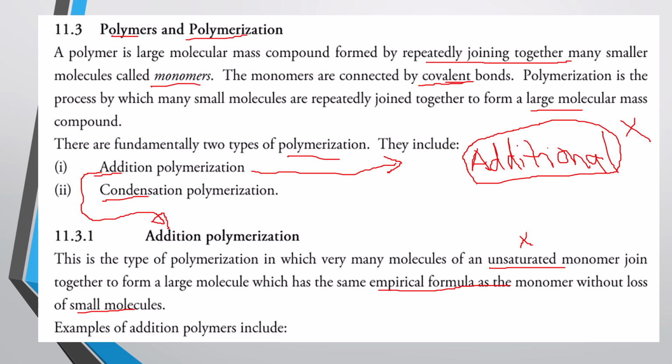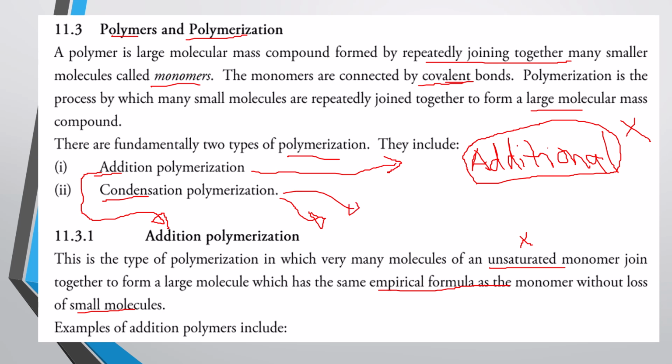But in addition polymerization, we do not lose any molecules. When you cross to condensation polymerization, the process involves loss of some molecules such as water. I hope you have looked at condensation reactions in biology.